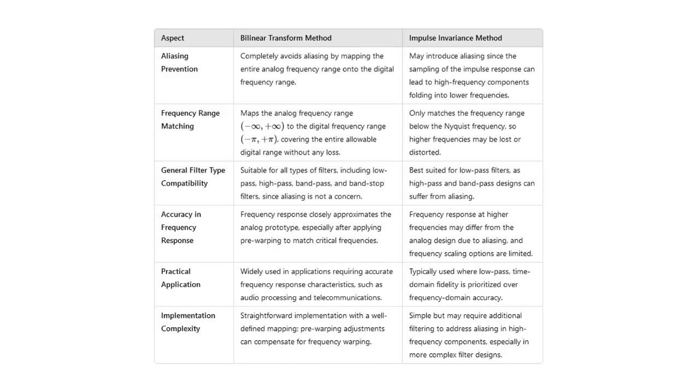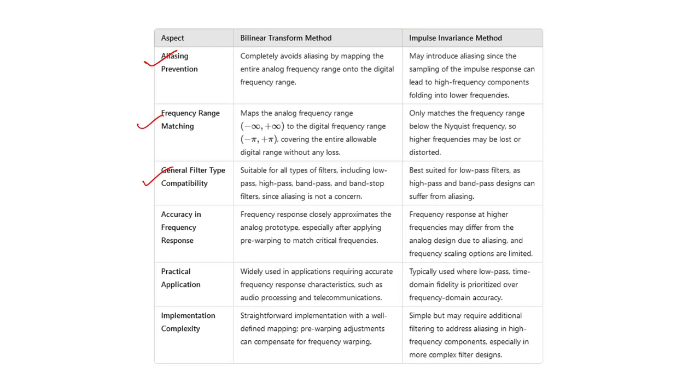If you look into the comparison, the bilinear transformation method prevents aliasing, while the impulse invariance method cannot solve that problem. Then we have frequency range matching. One-to-one mapping is there in the bilinear method; in the impulse invariant method, we do not have that one-to-one mapping. Then general filter type compatibility: all types of filters can be designed using the bilinear transform method.